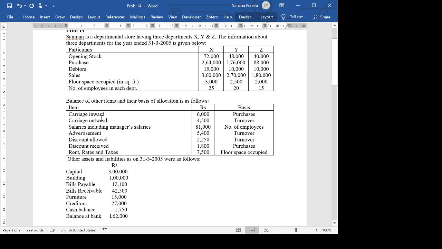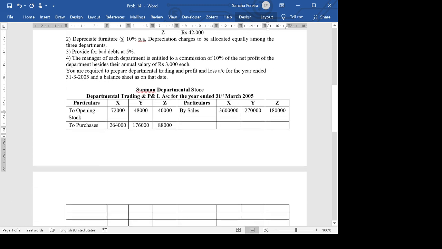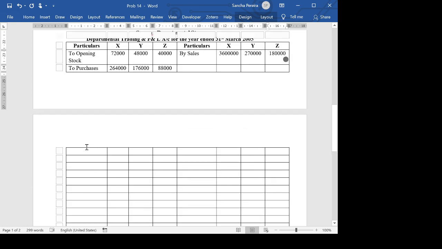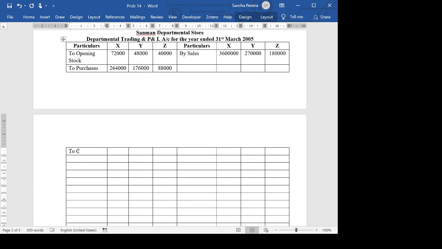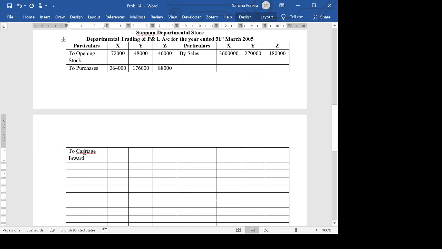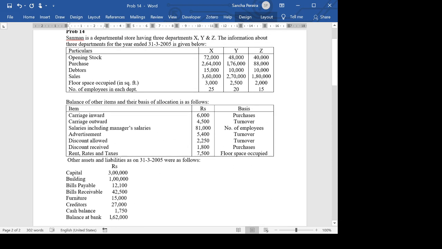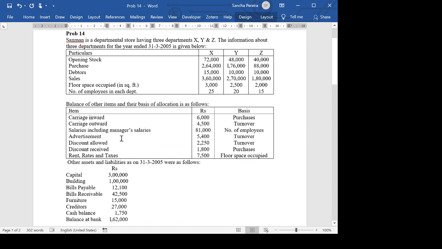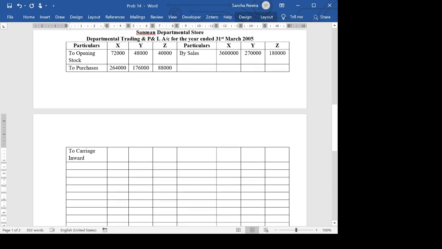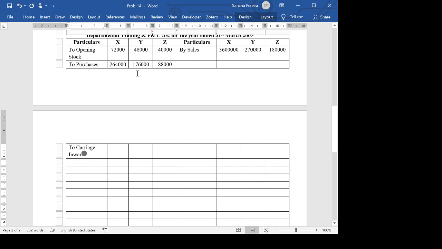Then we come to carriage inward. To carriage inward. Now we will have to find the ratio of purchases for carriage inward. If we check, they said carriage inward has to be divided based on purchases. We check the ratio of our purchases: 2,64,000, 1,76,000, 88,000.